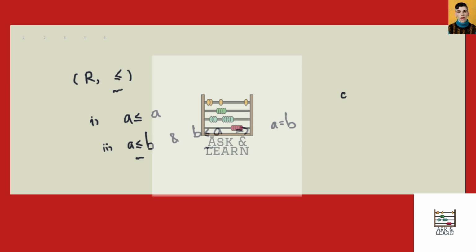If A is not equal to B, then it's either A strictly less than B or B strictly less than A. We cannot have both happen at the same time unless they are equal. And the third one should be easy to see: the symbol is transitive, right? So this is a poset.